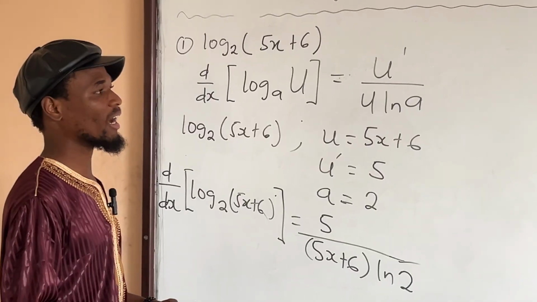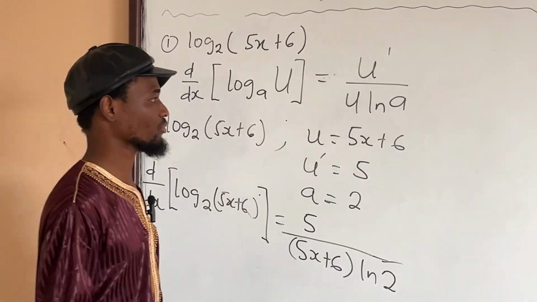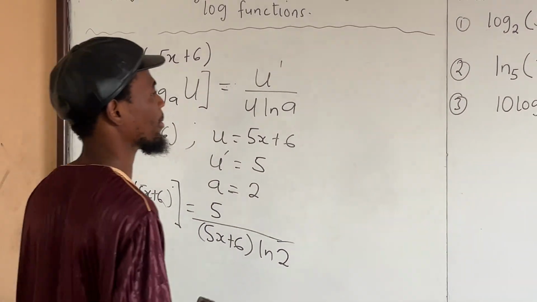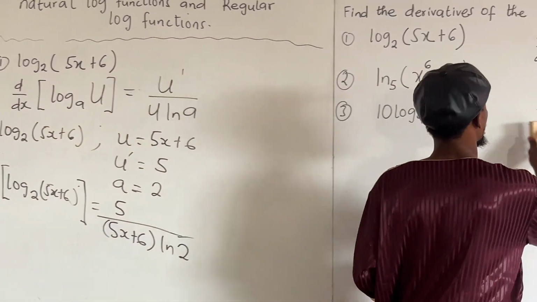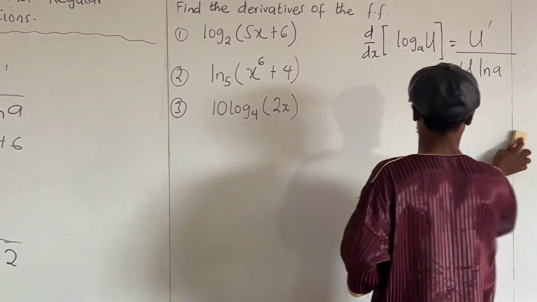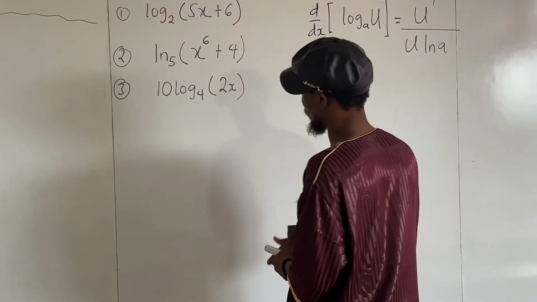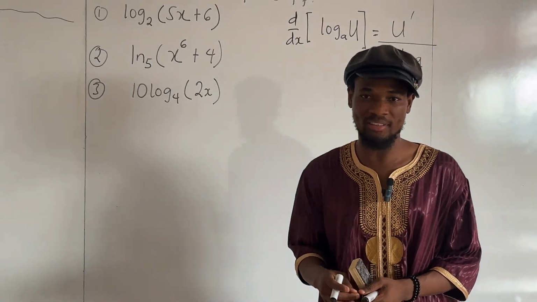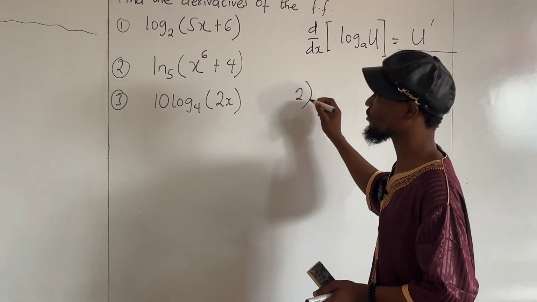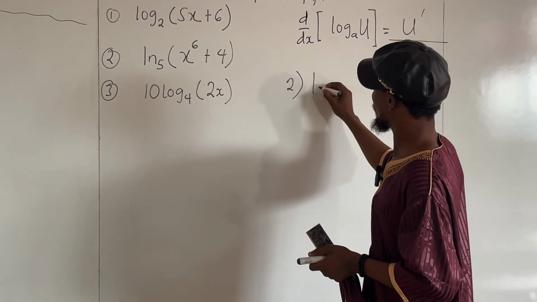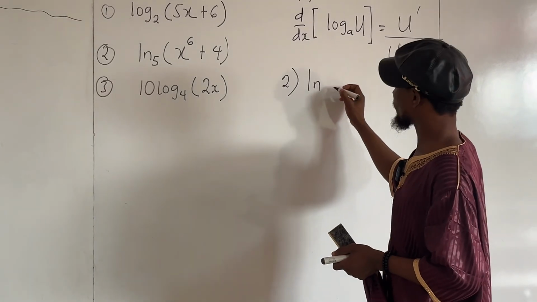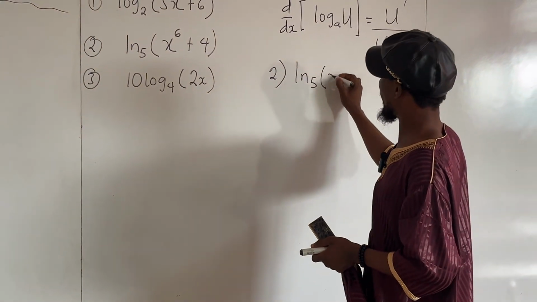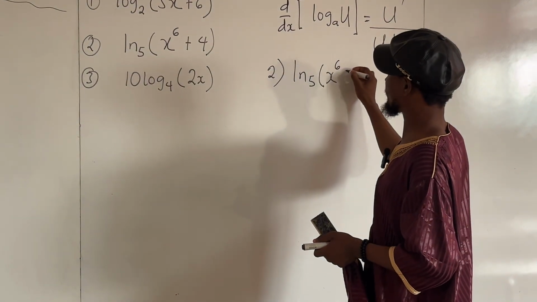So let us consider the second question. We have log to the base 5 of x exponent 6 plus 4.